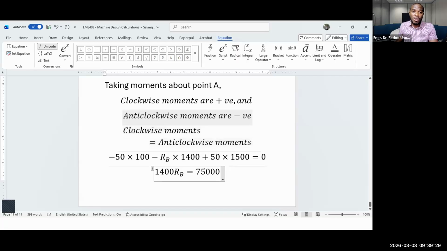You can put it in the comments, okay, so that I can see. 75, oh yeah, 75,000 minus 5,000, right?